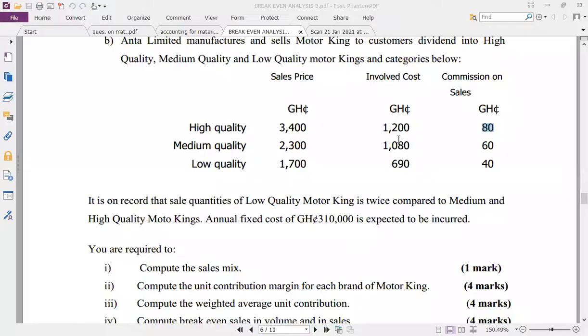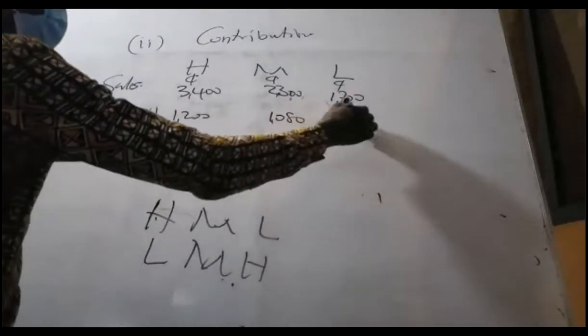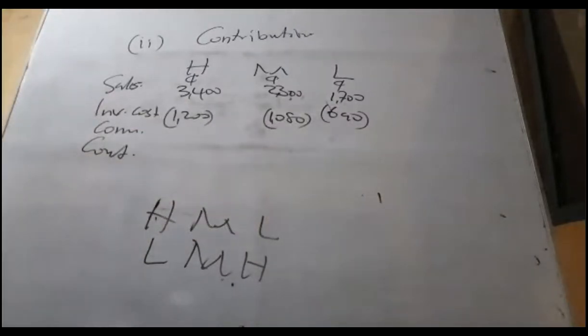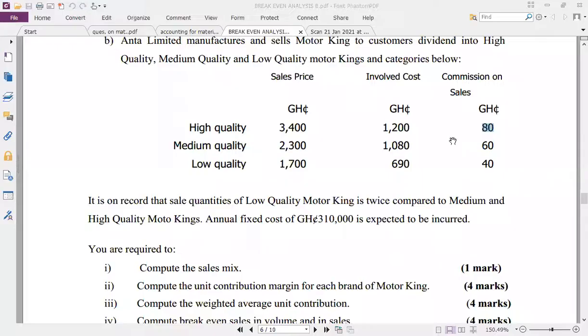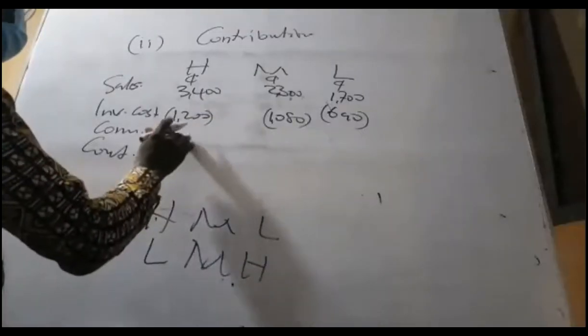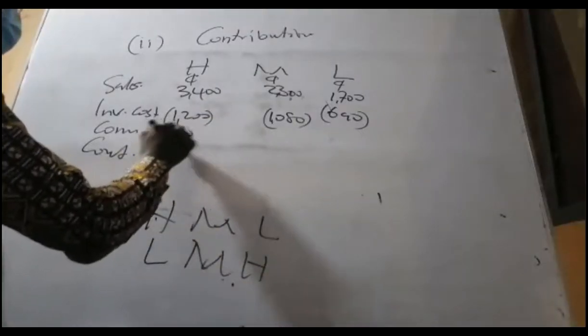Involved cost is 1,200, 1,080 and 690. Put them in brackets. Then the commission: contribution is 80, 60, 40.